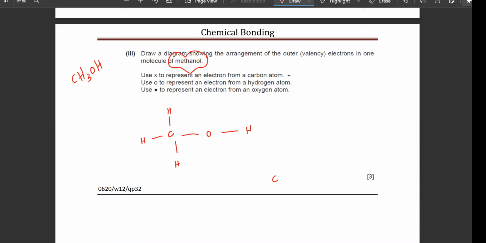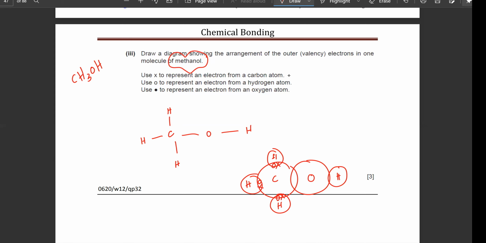So carbon is in the middle. There's an H, I'm just going to draw a rough diagram. H, there's an O over here, and there's another H, right? So carbon is cross, and hydrogen is dot. So cross dot, dot cross.